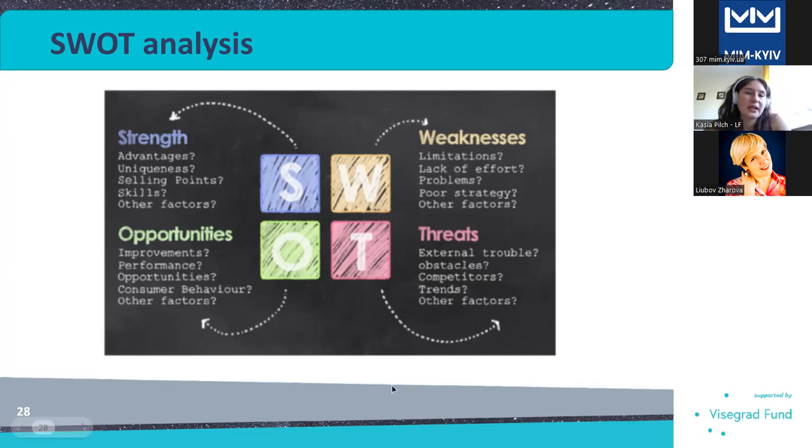And yeah, so basically you can just use this picture as a reference, but it's important to include the SWOT analysis in the business plan, because again, it shows that you thought everything through.